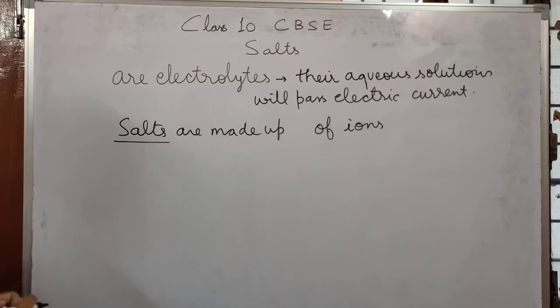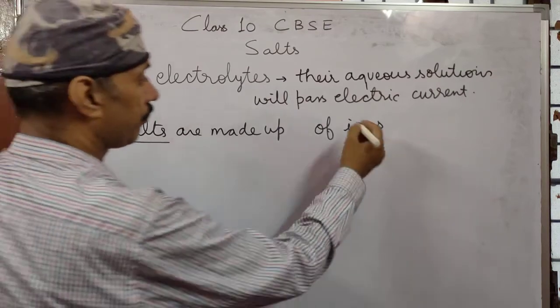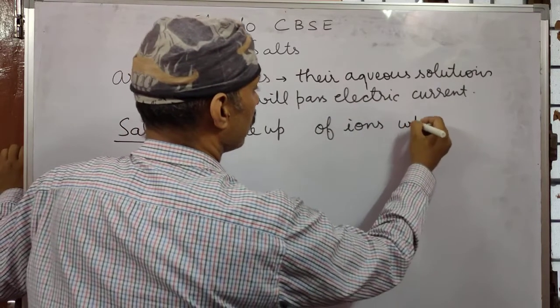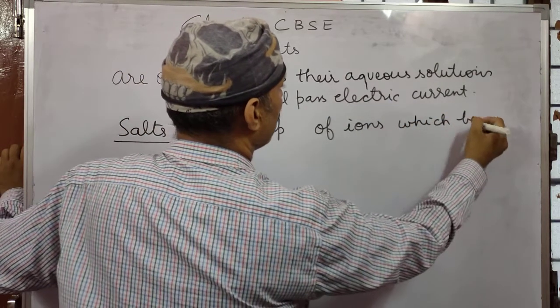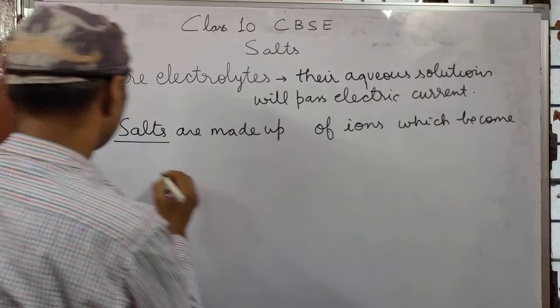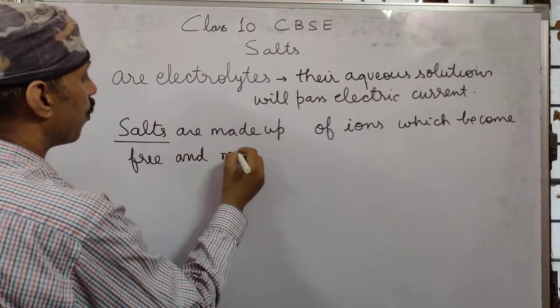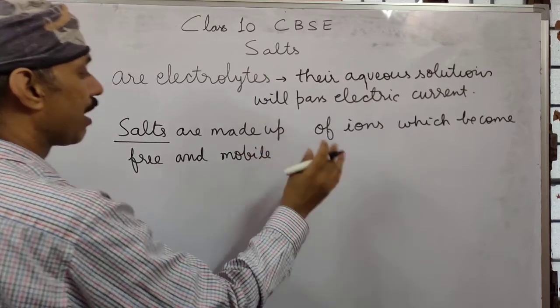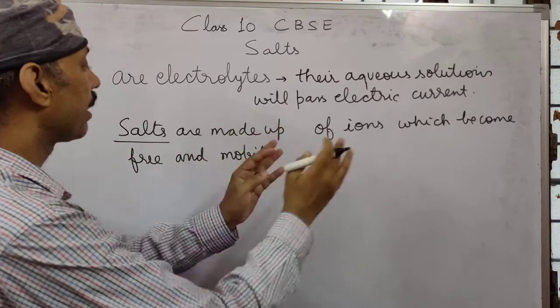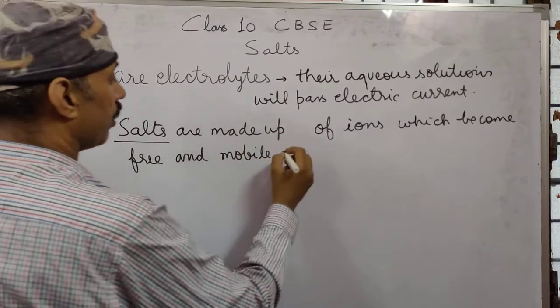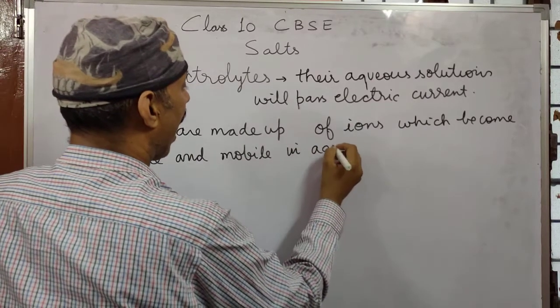So we come to the conclusion that salts are made up of ions which become free and mobile. Mobile means which can move from one place to the other place in aqueous solutions.